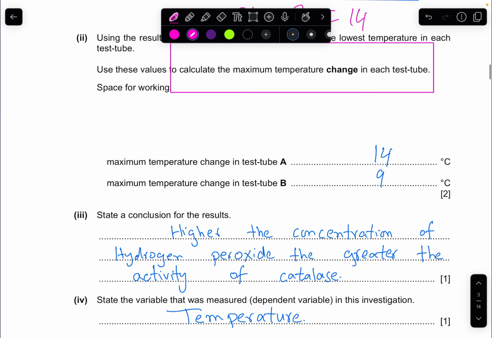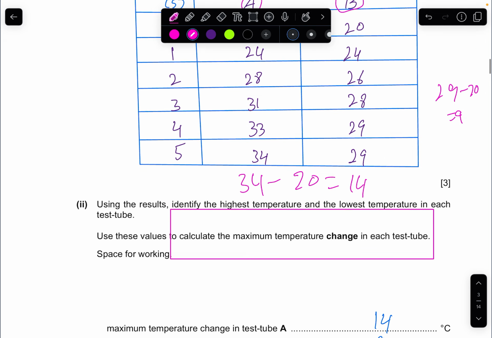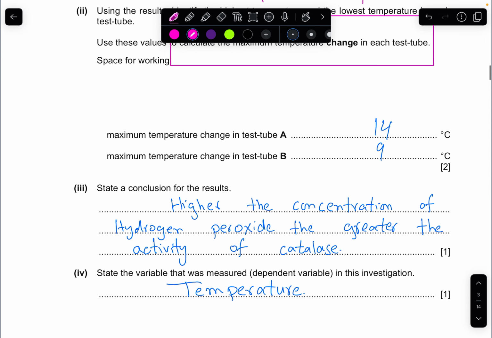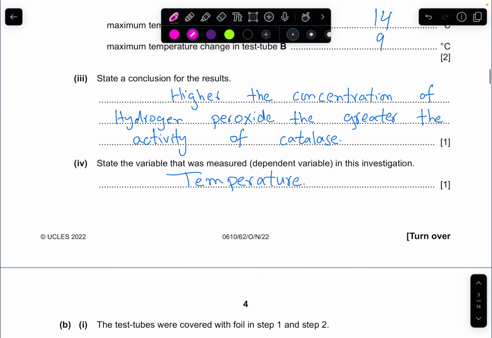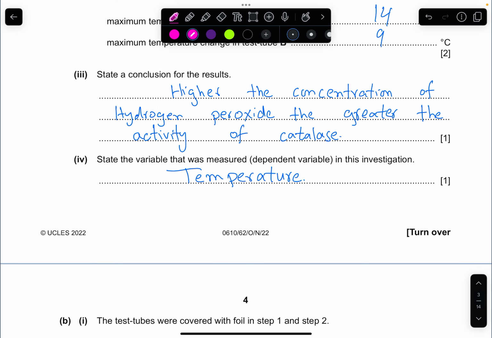The next question was to state a conclusion for the results. So the conclusion is, if the concentration of the hydrogen peroxide increases, the activity of the catalase enzyme also increases. Next question, state the variable that was measured in this investigation.